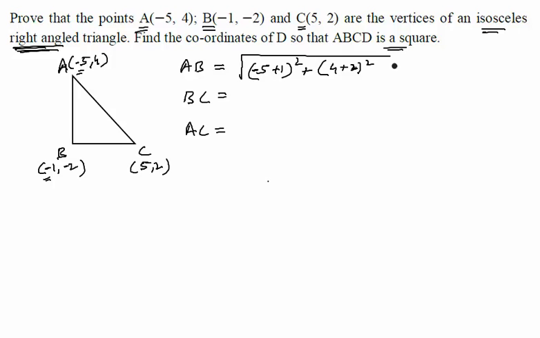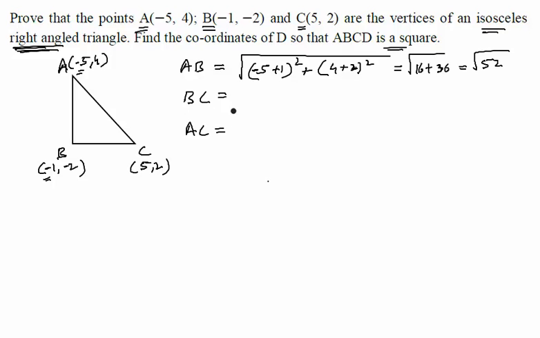So what do you get? You get under root of 4 square, 16, plus 6 square, 36. So this is under root of 52, correct?